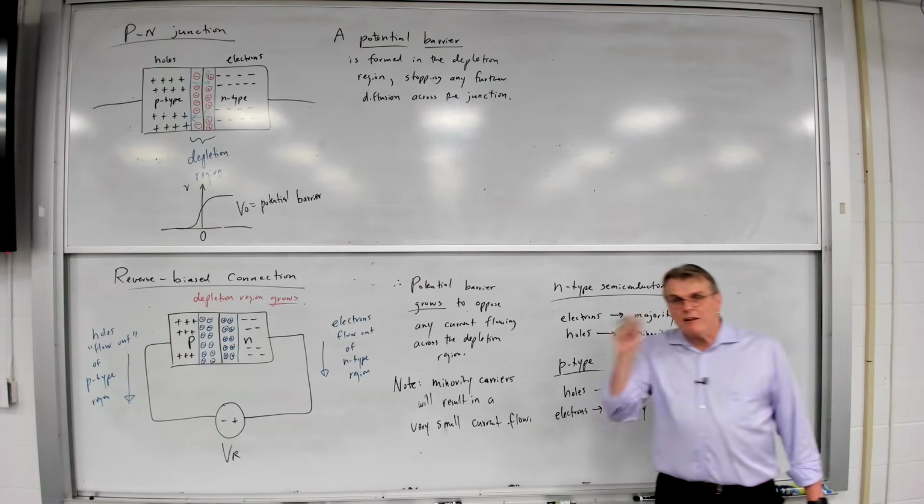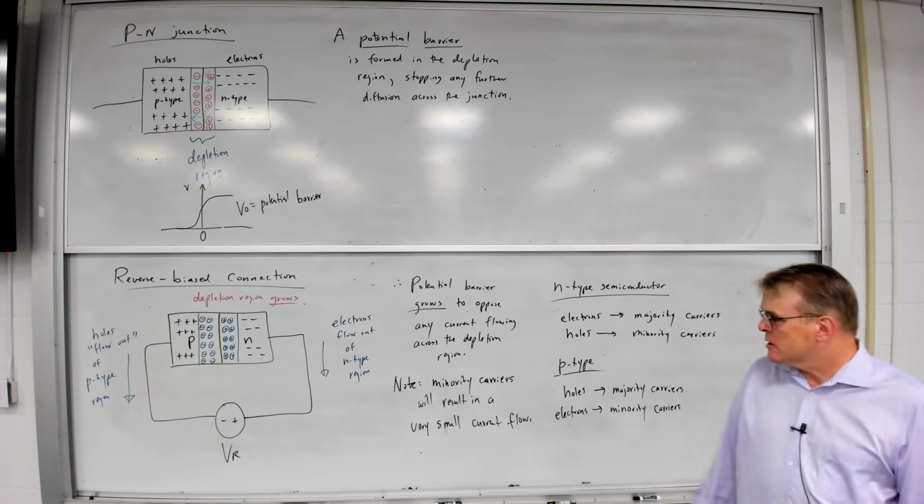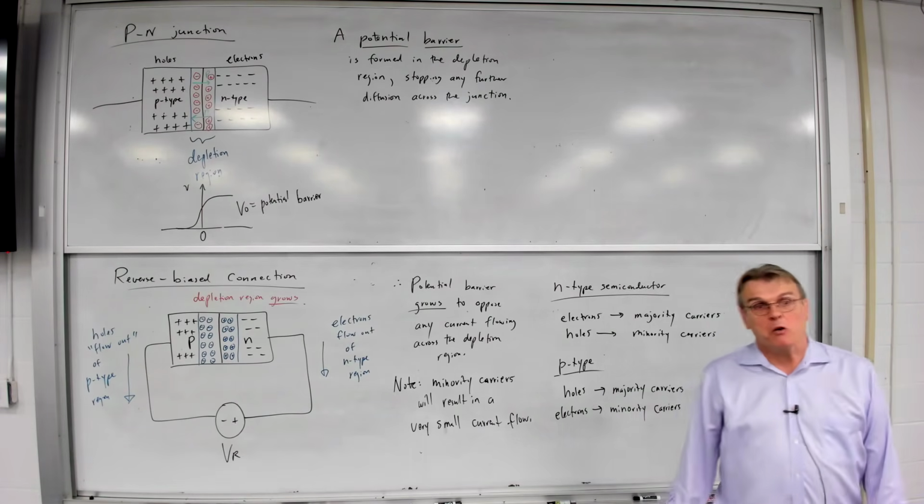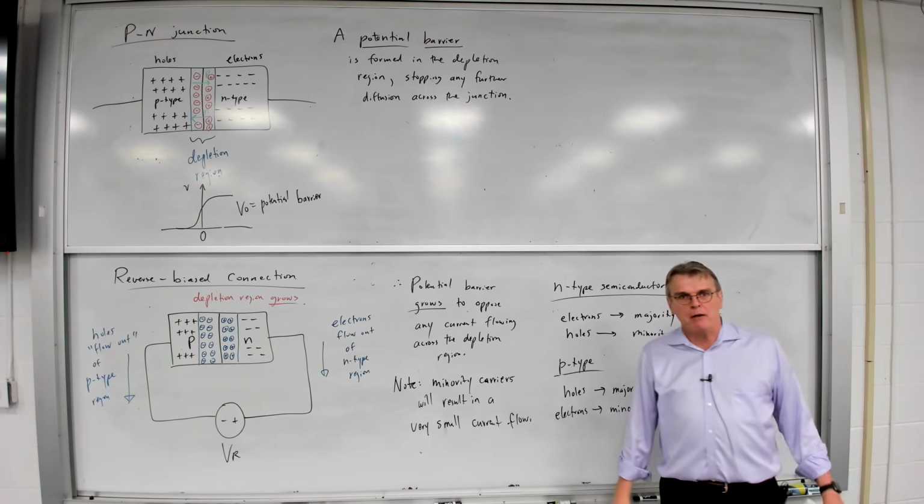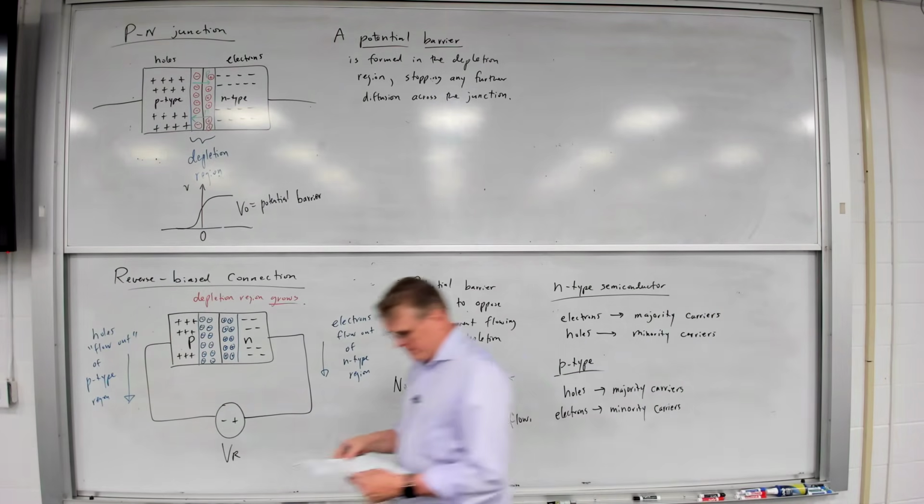So we will get a very, very tiny current flow, but usually small enough where in most applications we can ignore it because it's so tiny. But it is there. It can be measured due to minority carriers.